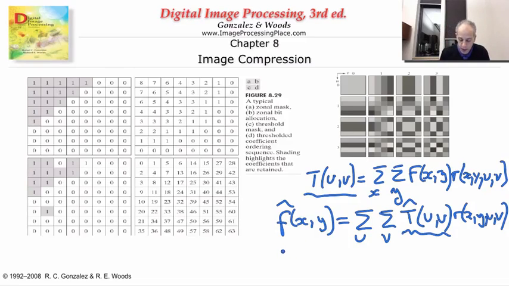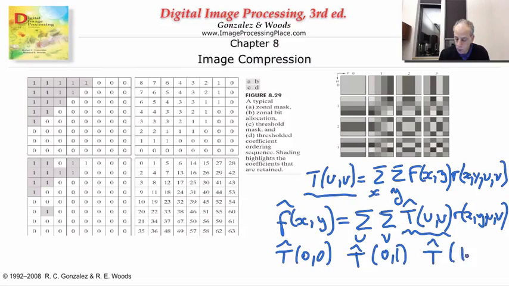So you're going to be encoding the quantized 00, then the quantized 01, then the quantized 10. And then you keep going in this zigzag fashion.